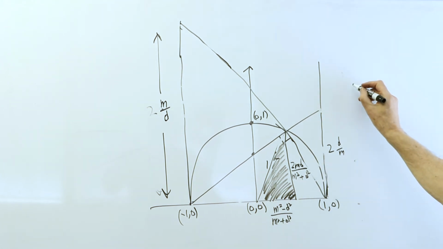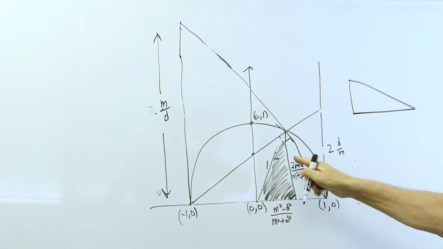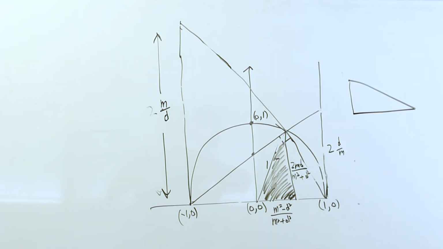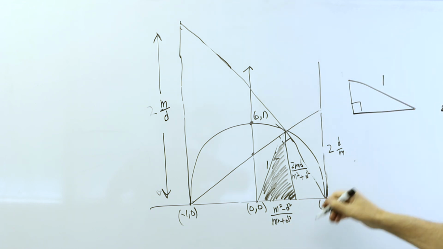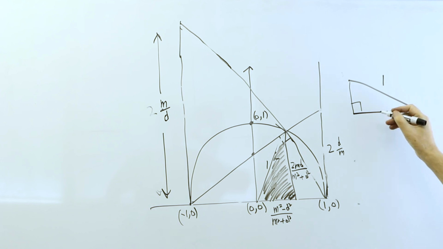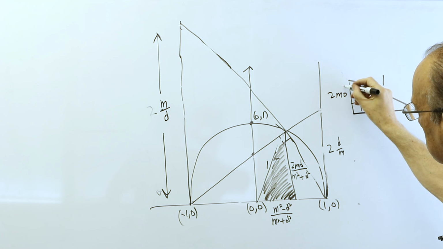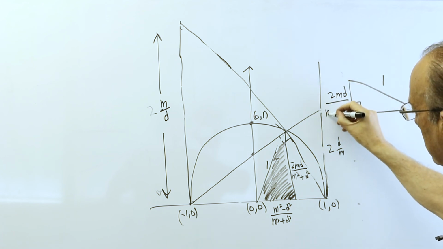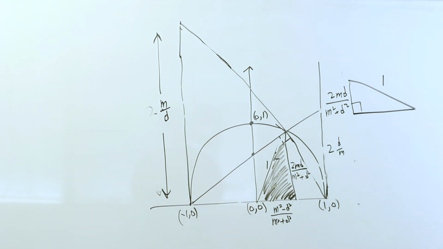So at this point, we can move this into a separate picture, and we have one hole, and we have 2md over m squared plus d squared, and we have m squared minus d squared over m squared plus d squared.